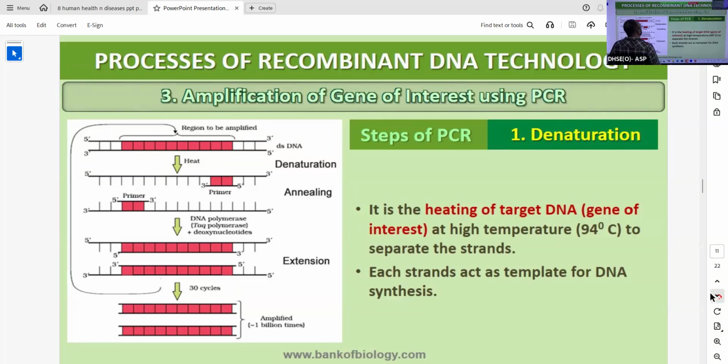Okay. Now look into denaturation here. Denaturation word means break down, and because of which the original condition or structure changes.